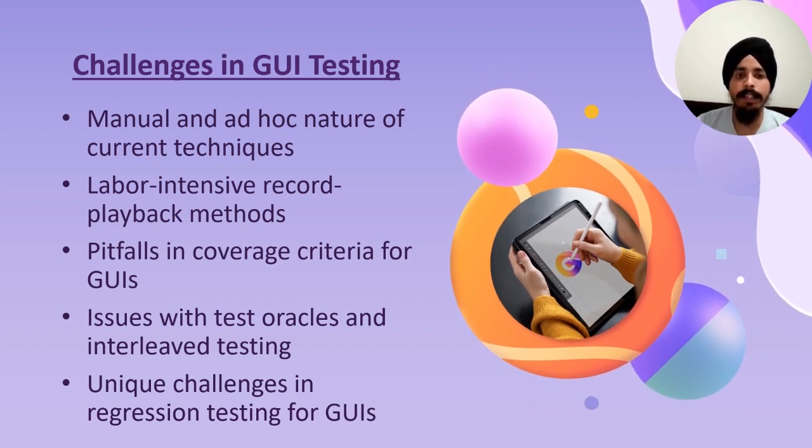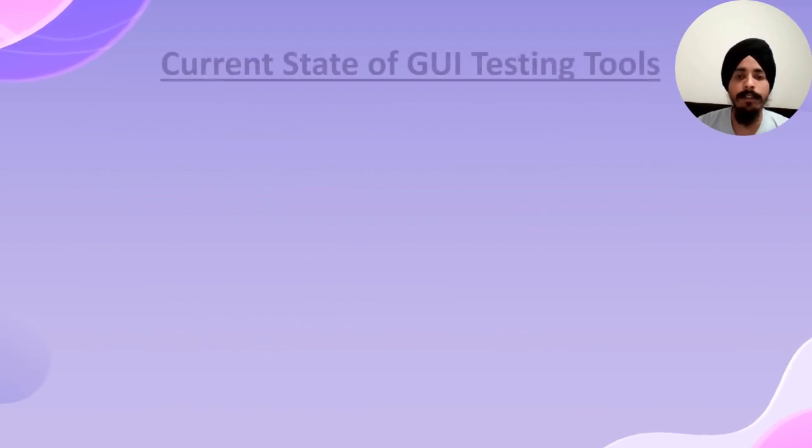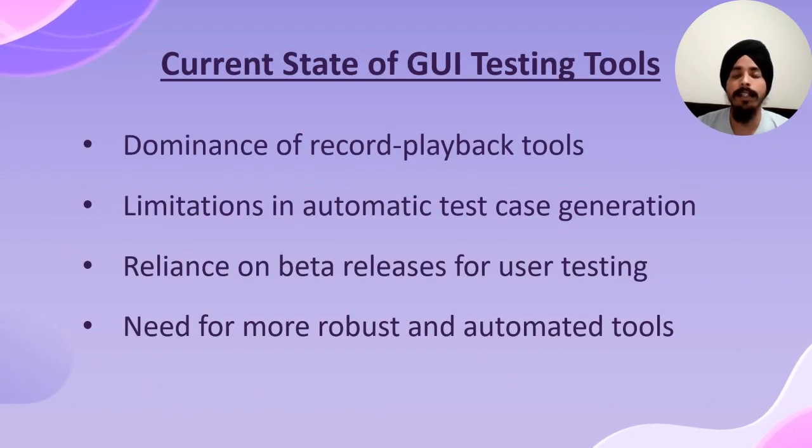Let's go to the next slide, and we will see the current state of GUI testing tools, or we can say the present-time testing tools for GUI. The current state is the dominance of record playback tools and limitations in automatic test case generation.